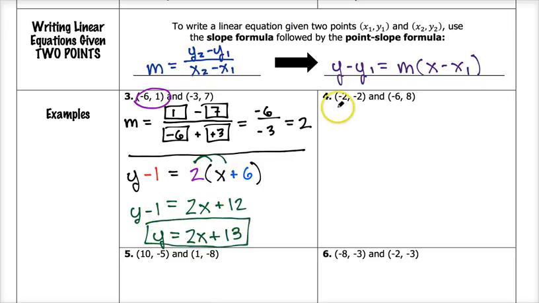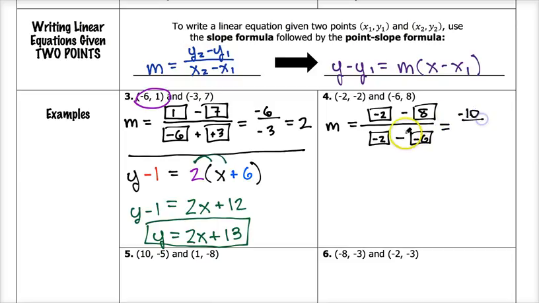Okay, number 4, we have a line passing through the points -2, -2, and -6, 8. So the slope of this line, again, we'll do the slope formula. We have -2 minus 8 on the top, -2 minus -6 on the bottom. So we get -10 divided by +4, and our slope comes out to be -5/2.